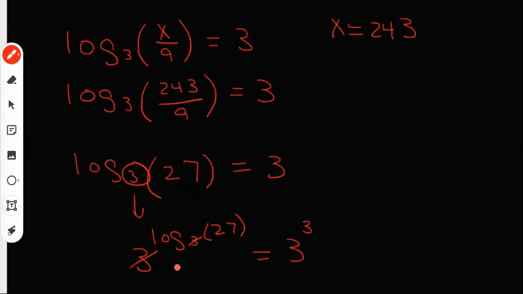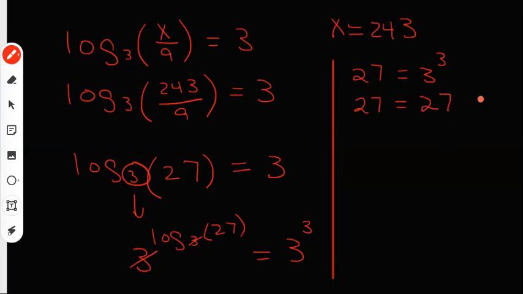The base 3 cancels out for the exponential expression and the logarithmic expression, and the 27 is going to come out of the parentheses. So now on the other side, I'm going to have 27 is equal to 3 to the third power. And of course 3 to the third power is going to be 27.